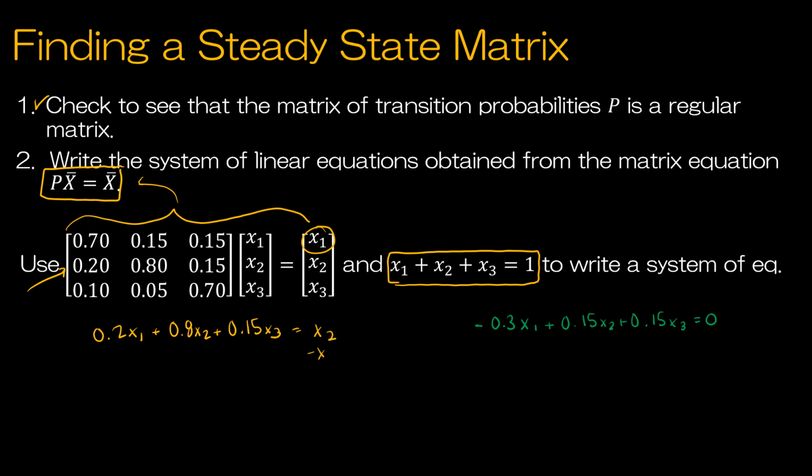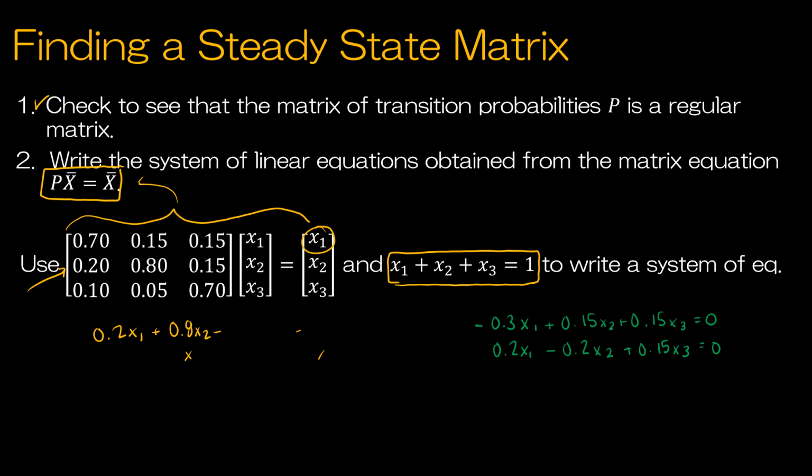I'm going to subtract x2 from each side. On the right side, I'm going to get 0. And on the left side, I'm going to get 0.2x1, and then I have 0.8 minus 1, so that's minus 0.2x2, and then plus 0.15x3 is equal to 0.